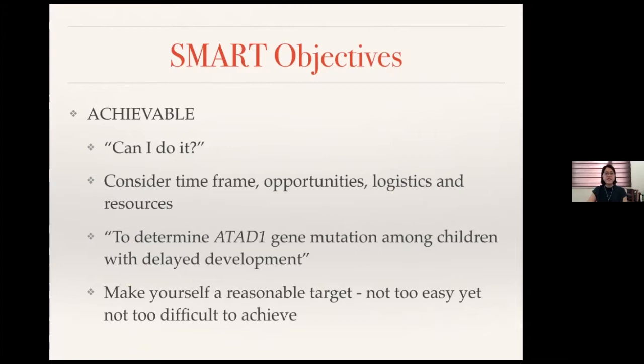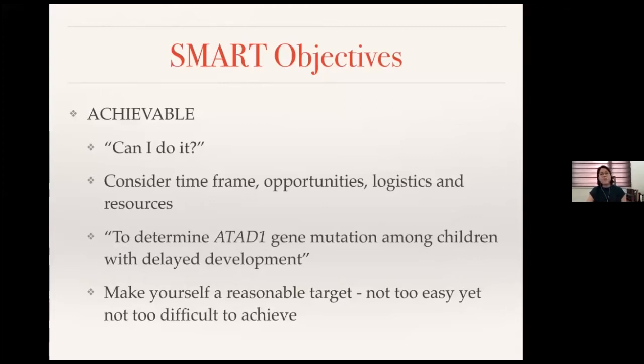At this stage, with the COVID pandemic, we know that school will not be convened, and therefore, probably you won't be able to achieve your objective because there won't be any high school students in school at all. So when writing your objectives, you have to put into your context whatever is available to you as resources, as opportunities, as logistics, and then you decide if you're able to proceed with it.